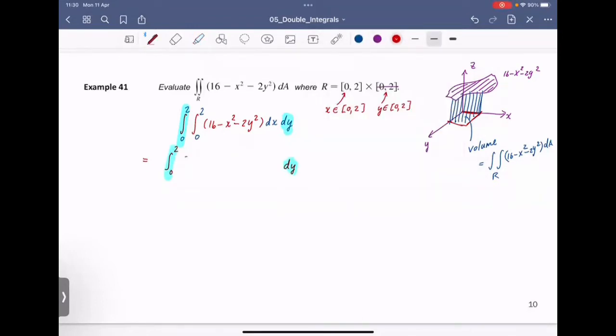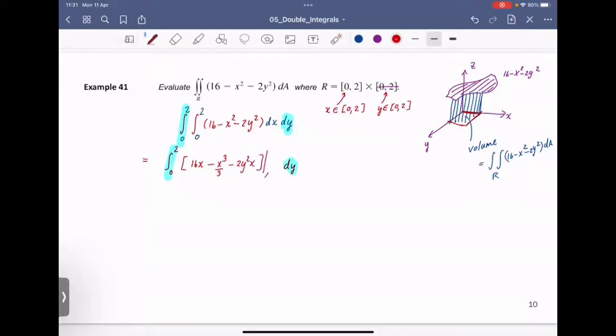So 16, you integrate with respect to x, you get 16x. x squared, integrate with respect to x, you get x cubed over 3. 2y squared, integrate with respect to x, you get 2y squared x.